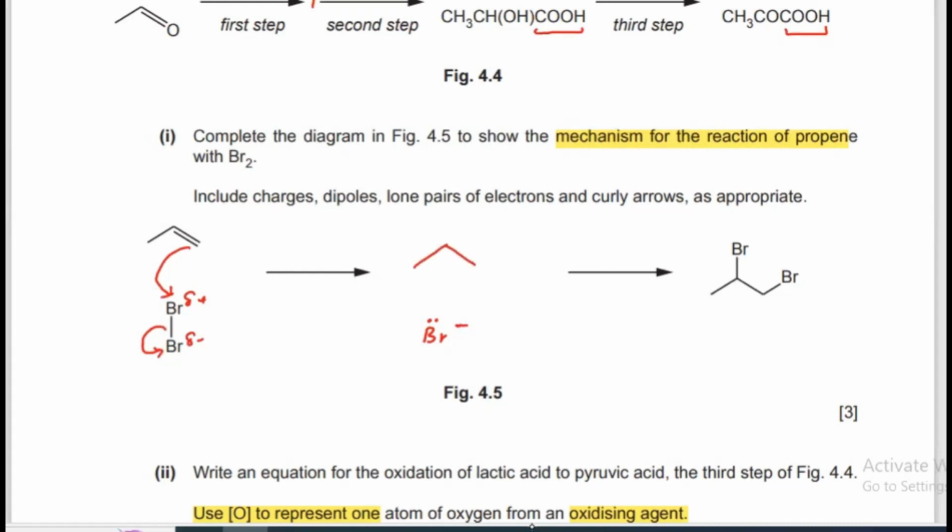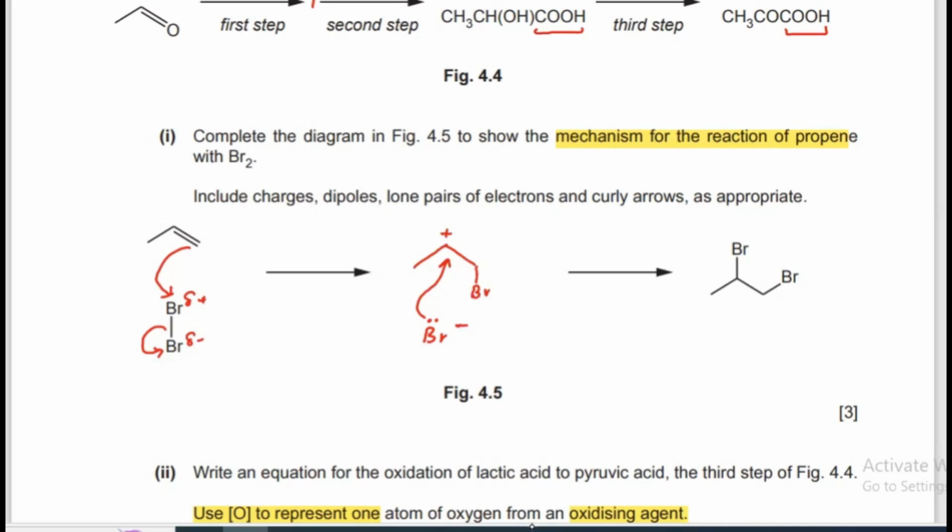If one of the bonds of this double bond is broken and it attacks the bromine, you can show the attachment of the bromine. One bromine is attached to this carbon, and the very next carbon must be positive. I mean, this is the carbocation. Now this Br negative will attack the carbocation to form the final product.